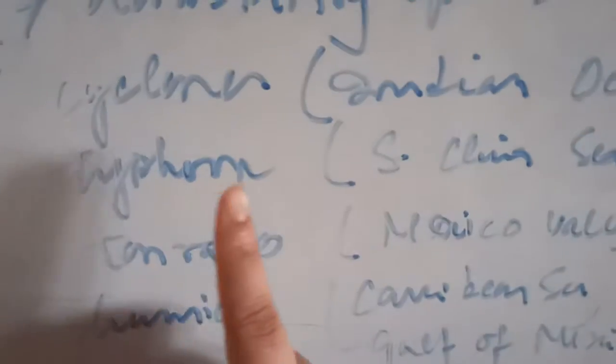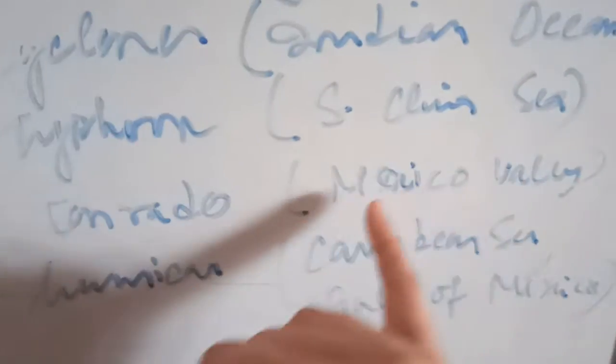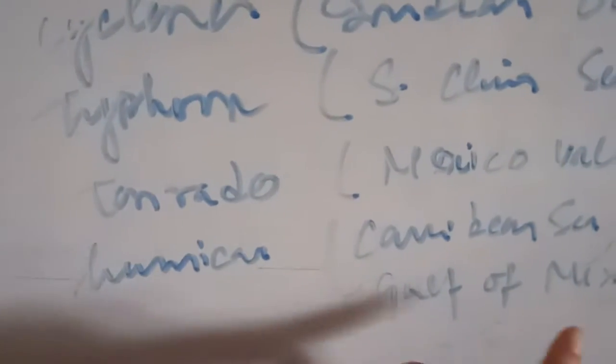Okay, so these strong types of winds are named differently in different regions. For example, cyclones in the Indian Ocean, typhoon in the South China Sea, tornado in the Mexico Valley, and hurricane in the Caribbean and the Gulf of Mexico. Winds can be divided into four types.